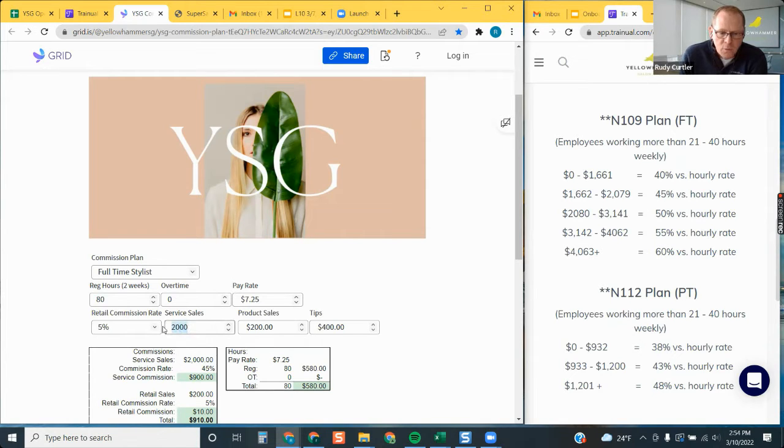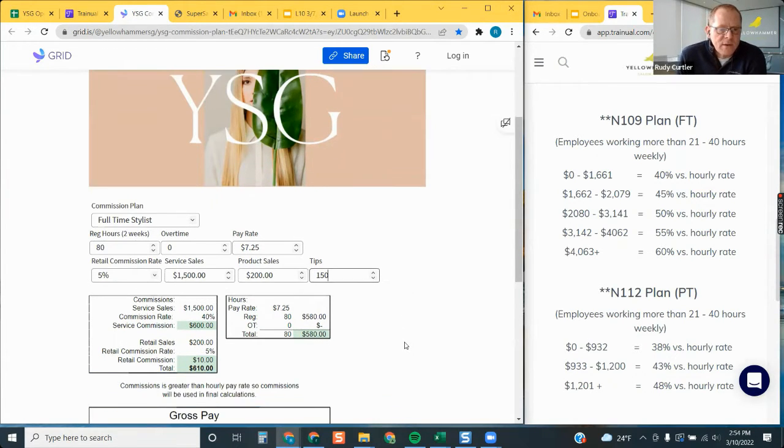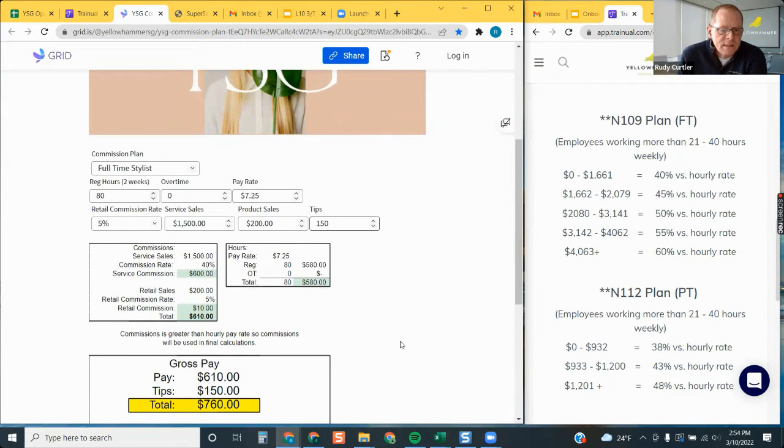And in this pay period, they generate $1,500 worth of service sales and another $200 in product sales. And we'll bring this down just a little bit in tips, and let's just say it's $150. There we go.